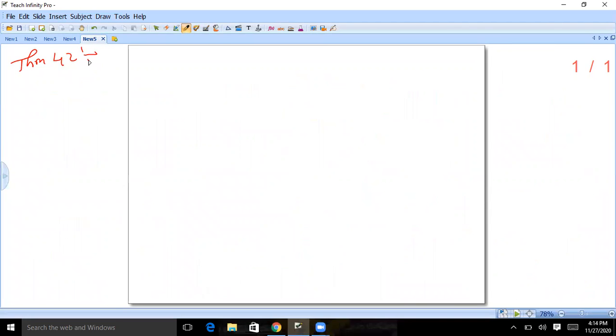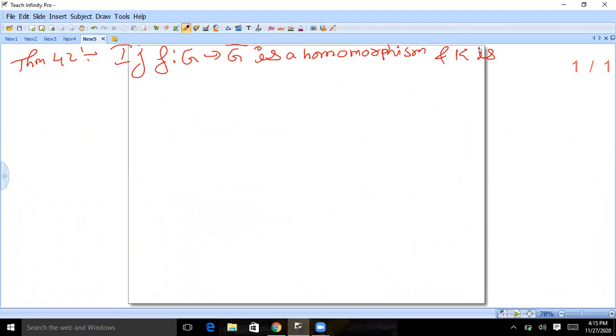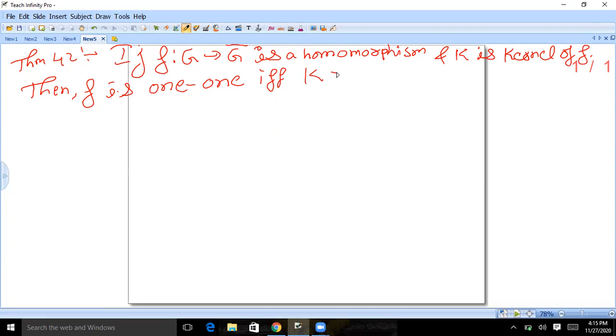If f from G to G bar is a homomorphism and K is the kernel of f, then f is one to one if and only if K is equal to E.